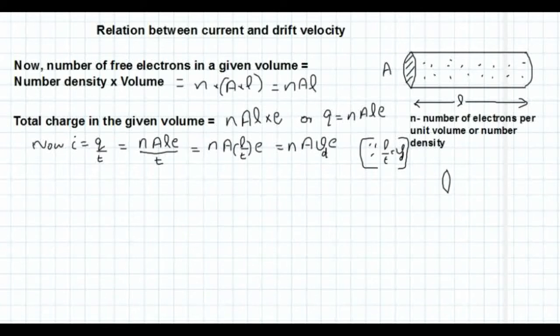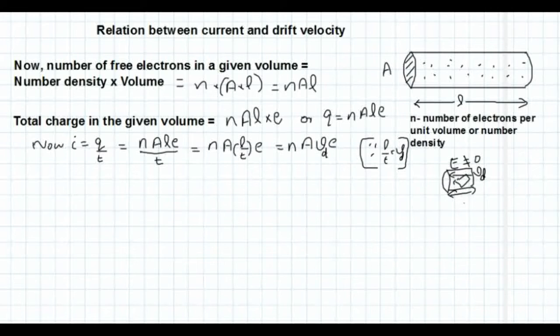Now why are we taking L by t is equal to v? So consider a conductor, the length of which is L, and in the absence of electric field, that means E is equal to 0, these electrons are in random motion, right? Now you are applying a potential, or electric field is not equal to 0. Now these electrons start to move with a velocity vd, that is the drift velocity, right?